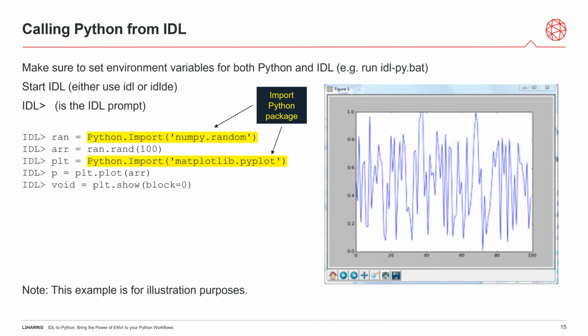Now that I have this IDL array variable of random numbers, I want to plot it. So I'm going to use the pyplot library from matplotlib, get an instance of that, and then pass that plot function the IDL array. So I'm passing an IDL array back into a Python function. And then I'm going to execute the show command, and I get this figure on the right.